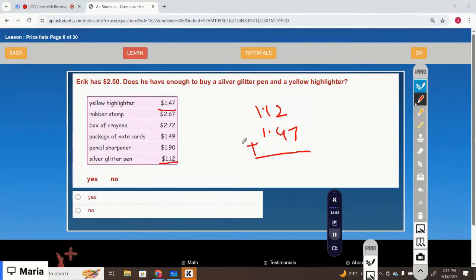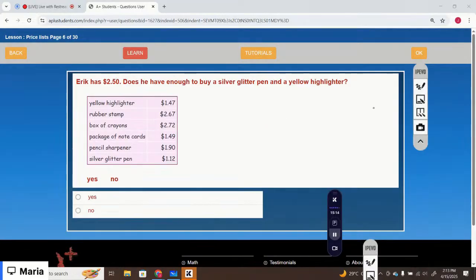Just add and see if he can buy. 2.59, so 2, 9, 5, and 1, 1, 2. No, he cannot buy because he has just $2.50. No, he does not have enough money. The correct option is no.